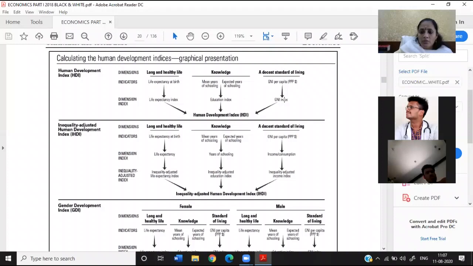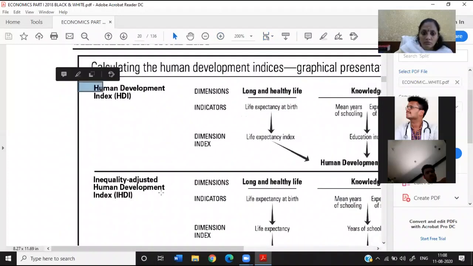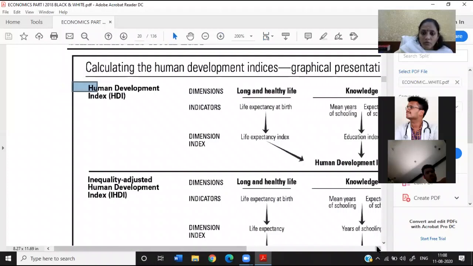The Human Development Report is published by UNDP, the United Nations Development Programme. Every year we get the report. As soon as we get the report, everybody will want to... I hope you are all able to see it.